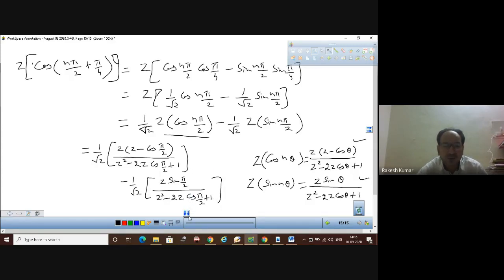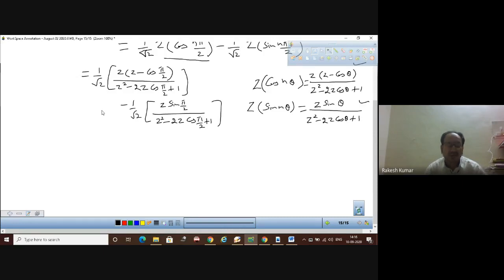Now we shall use the values, and we know that cos pi by 2 is 0. Well, this is cos 90, and the value of cos 90 is always 0.